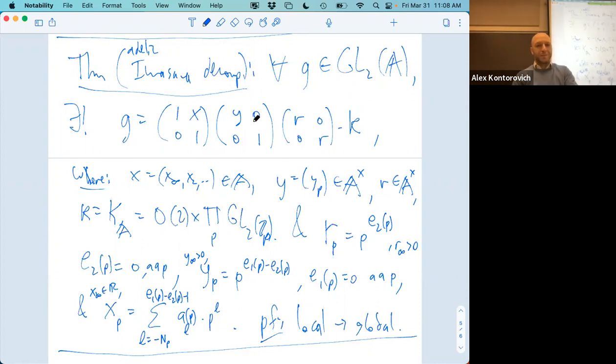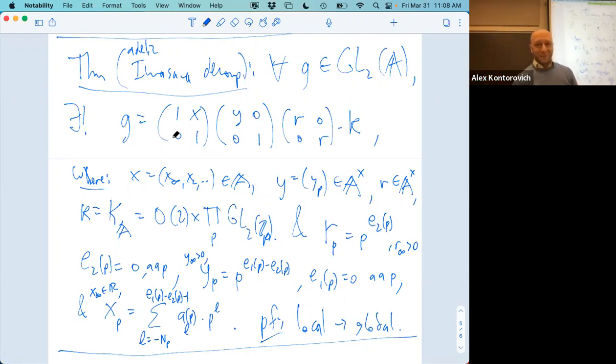There are so many conditions floating around, but they all help you, and this is unique. When you just want to talk about the adeles themselves, the places don't interact, except for the fact that you're restricted in how many places you're outside of GL2(Z_p).